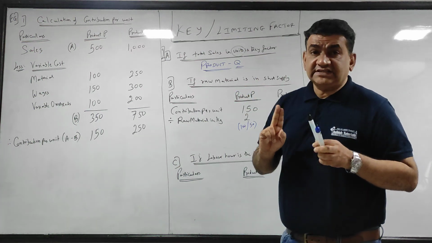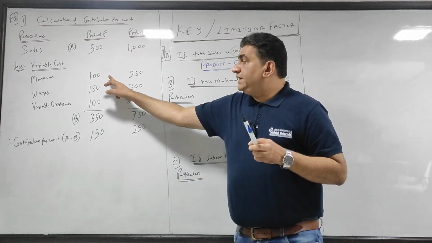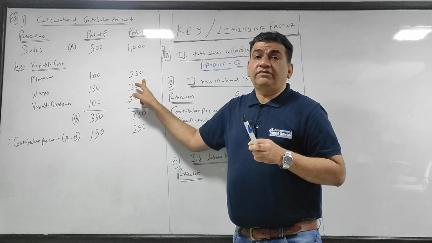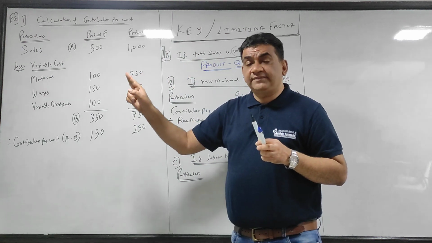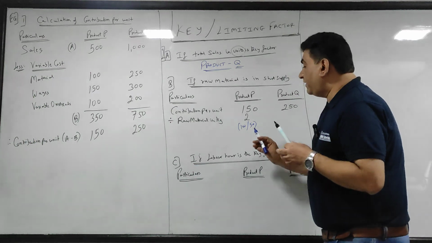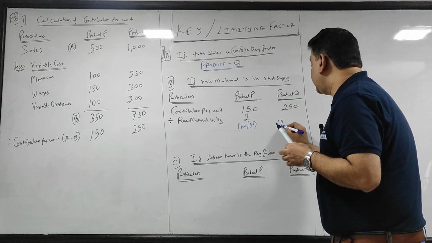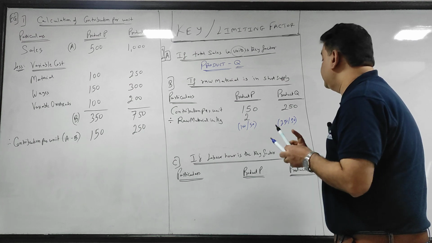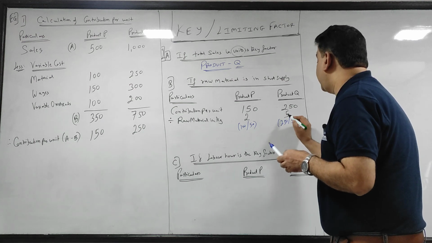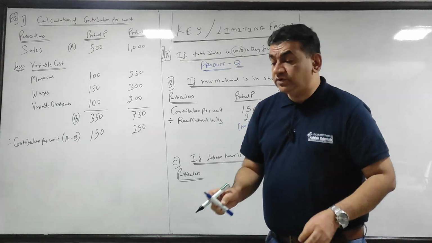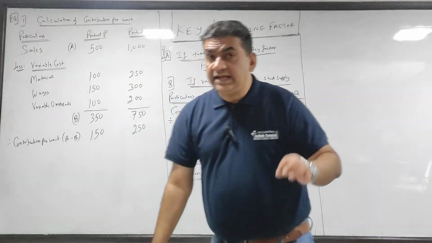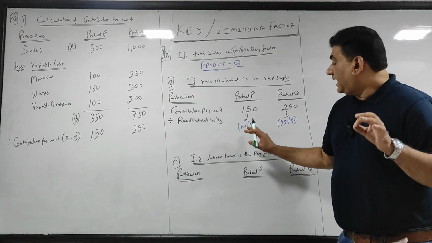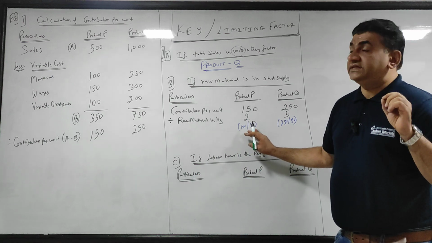Q's rate is also 50, but for P I paid 100 rupees and for Q 250. The rate is the same for both: 100 divided by 50 gives 2, and 250 divided by 50 gives me 5. Getting it? What you are supposed to do is take the cost of material per unit and divide by the rate per kg.